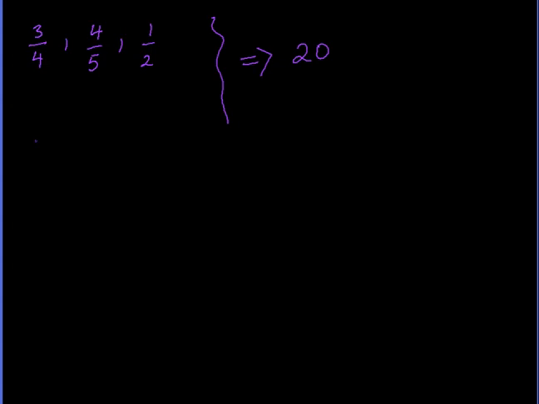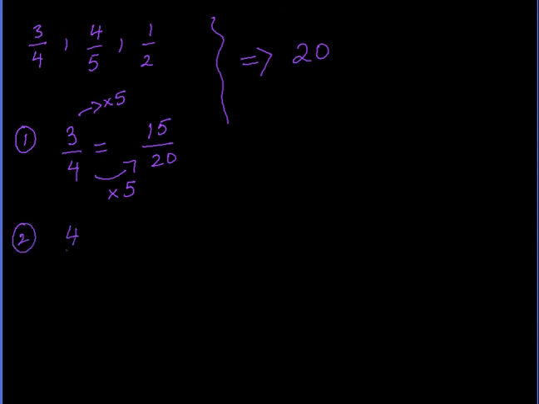Alright, so again, I'm going to find the equivalent fractions, and I know for a fact 4 times 5 is equal to 20. So I'm going to multiply the top number by 5. So 3 times 5 gives me 15. For fraction number 2, I've got 4/5, and I want to turn that into 20, so I need to times that by 4.